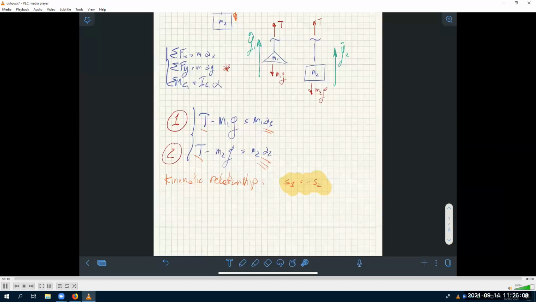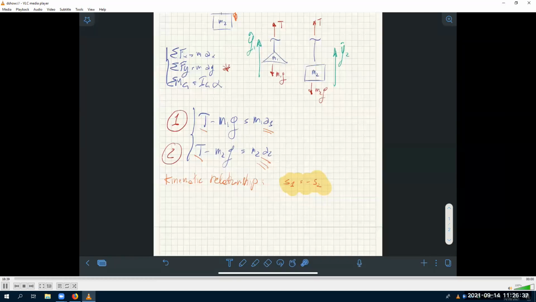So what you have to do is differentiate twice, because it's true that S1 is equal to minus S2, but if I take the derivative of this equation once, I get the velocity of 1 equals minus the velocity of 2. And if I differentiate it one more time, I get A1 equals minus A2. Agreed with me? And then there you go, my third equation that helps me solve these three unknowns.